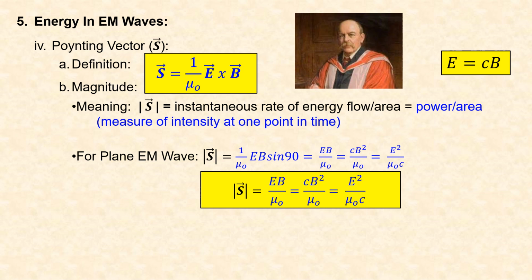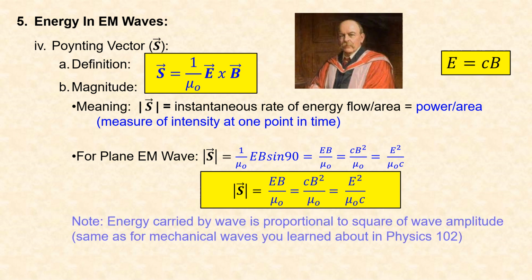So let me just give this statement here. Note that the energy carried by the wave is proportional to the square of the wave amplitude. This is exactly what you learn when you talk about mechanical waves in Physics 102, that the energy that the mechanical wave transports is proportional to the square of the amplitude of the wave.